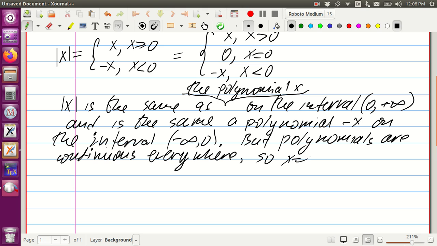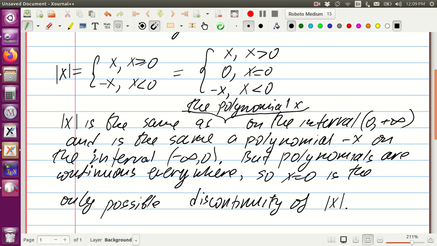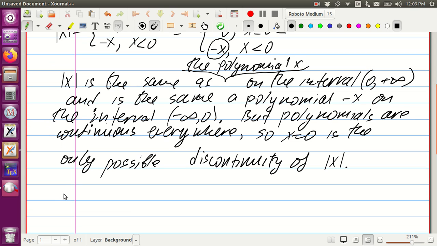So x equals 0 is the only possible discontinuity of absolute value of x, right? Because x itself is continuous, negative x is continuous, so this is the only place we have to look for discontinuity. And we know that absolute value of 0 is equal to 0.